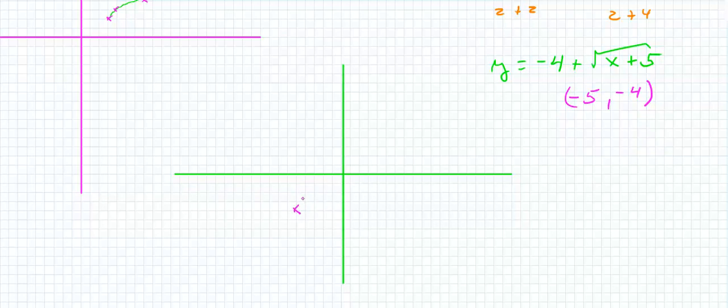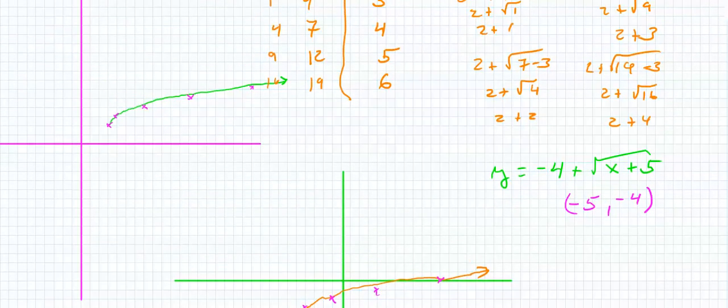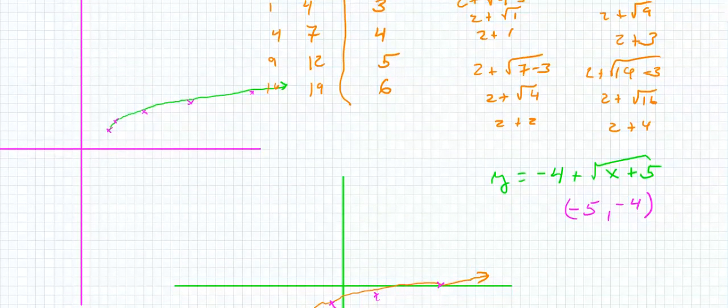Then we're going to go over 1 up 1, over 2, 3, 4 up 2, 4, 5, 6, 7, 8, 9 up 3, 10, 11, 12, 13, 14, 15, 16 up 4, and our graph paper will never be big enough to go 25. And then we draw our smooth graph, hitting all the points, drawing an arrow. I think I forgot the arrow on the last one. No, I didn't. And we're done.